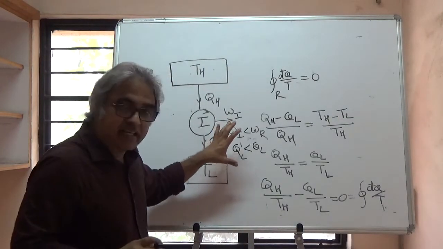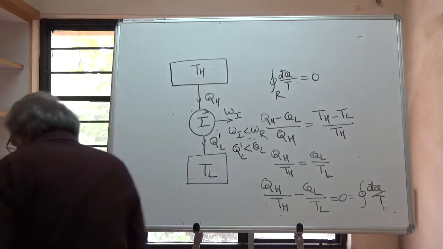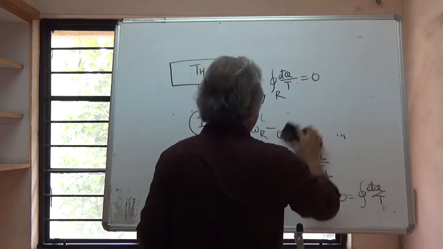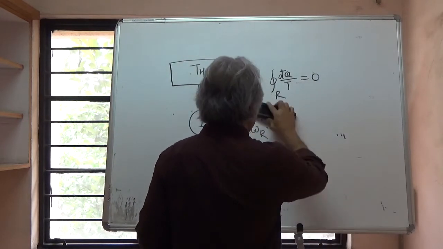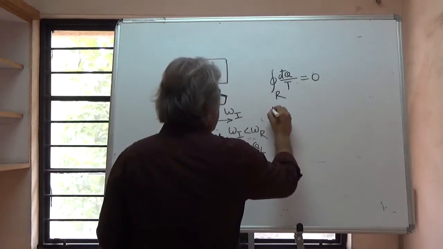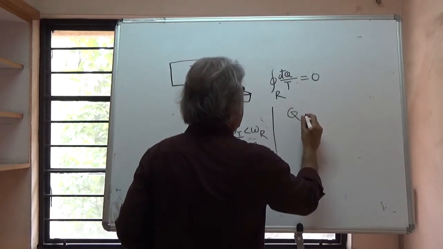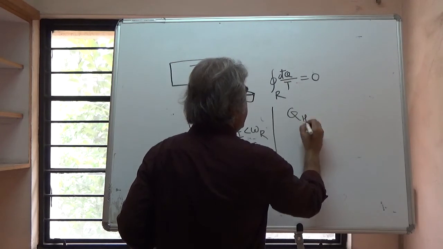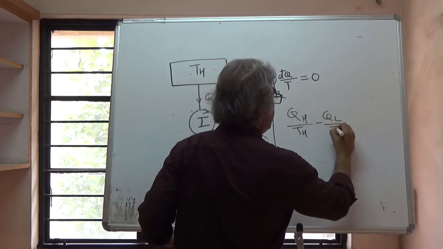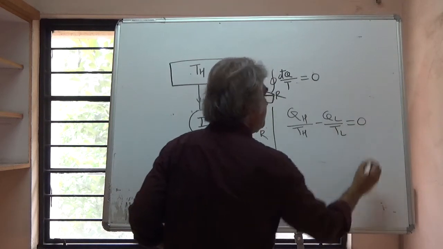If this is clear to you, now just pay attention to this. This is what we had written. I'll rewrite it here. So for a reversible engine, we had written QH upon TH minus QL upon TL is equal to 0.